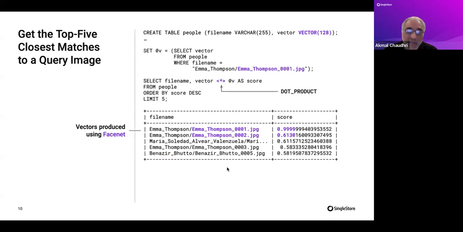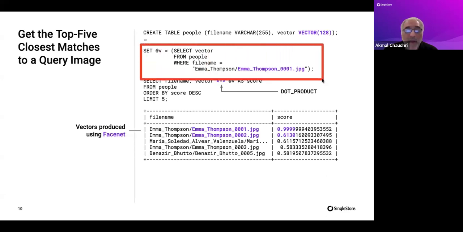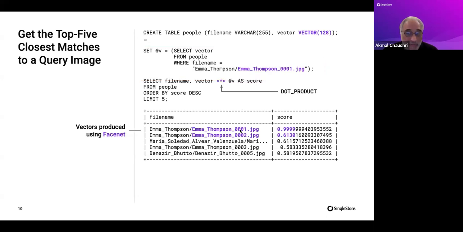And then we can ask these interesting queries and say, well, look, here I want to find the vector from this people table where the file name happens to be, in this case, Emma Thompson. And then look for things that are similar, and then it will match those. And here it's come up in descending order, so higher values are better.